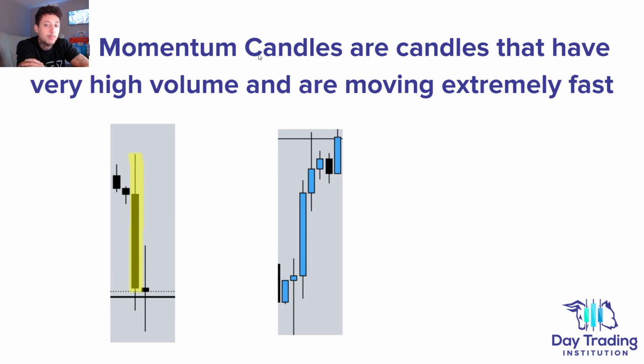High momentum candles are candles that have very high volume and are moving extremely fast. The example on the left is a bearish candlestick that has a lot of volume and momentum, and the candlestick on the right is a bullish candlestick that has a lot of volume and momentum to it.